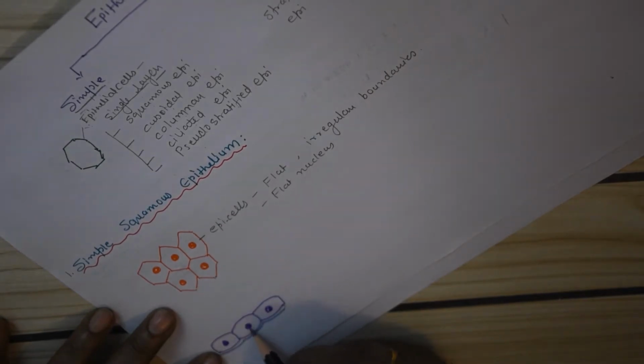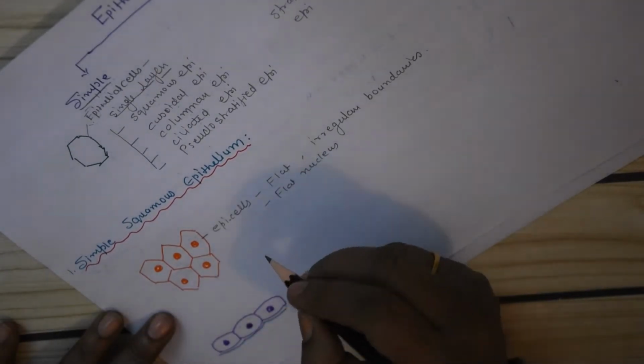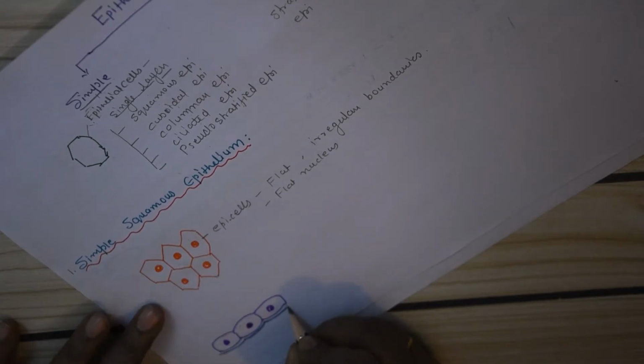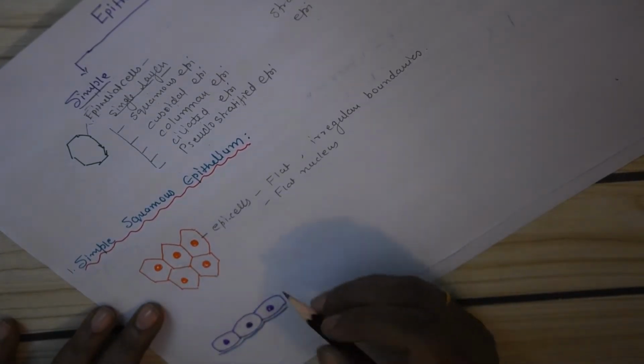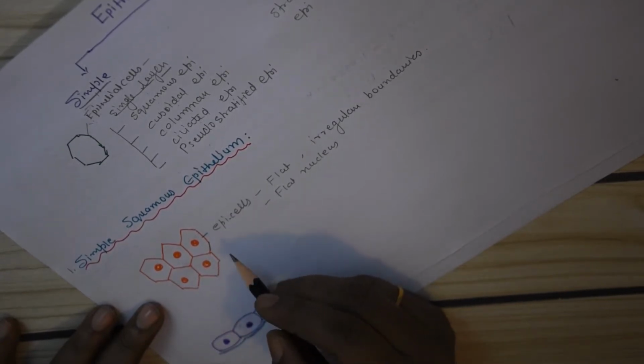Here you can see, due to this flat nucleus, the cell surface is bulged. The basal part of the epithelial cell lies over the basement membrane. And the cells here are arranged like tiles fitted in the floor.